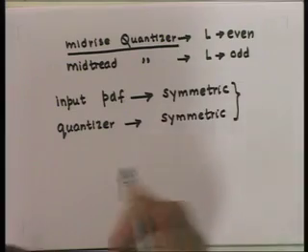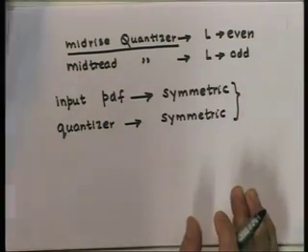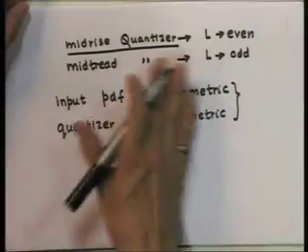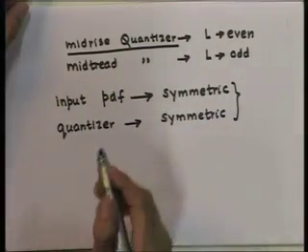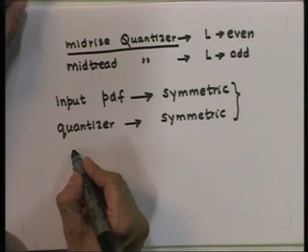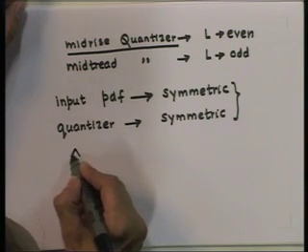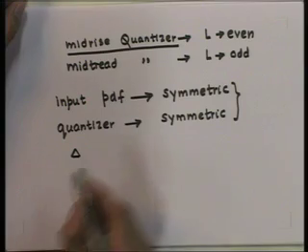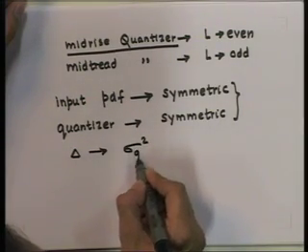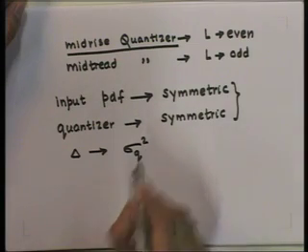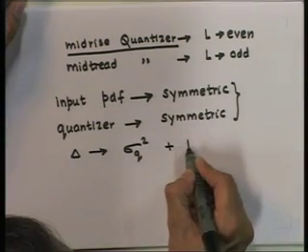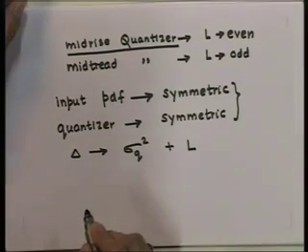This will simplify our discussions. Now, given all these assumptions, the design of a uniform quantizer consists of finding the step size delta that minimizes the distortion for a given input process and number of decision levels L.